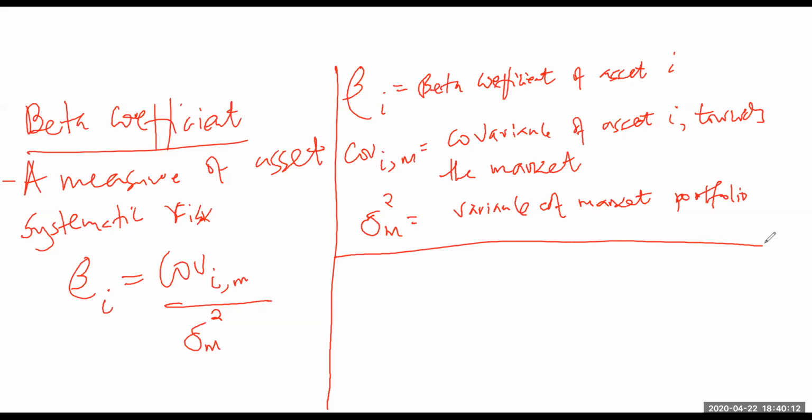If I want to assess the beta coefficient of the market, what is going to be its beta? It will be the covariance of the market towards the market, divided by the variance of the market. That's how the beta coefficient of the market will be.